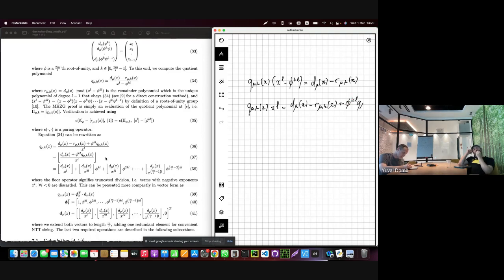This is not the way the FK paper describes it; this is my way, but I think it's a much nicer way of doing it.